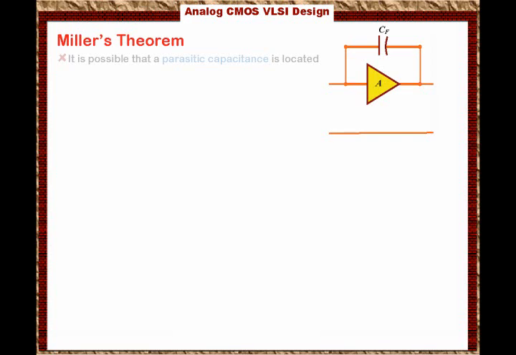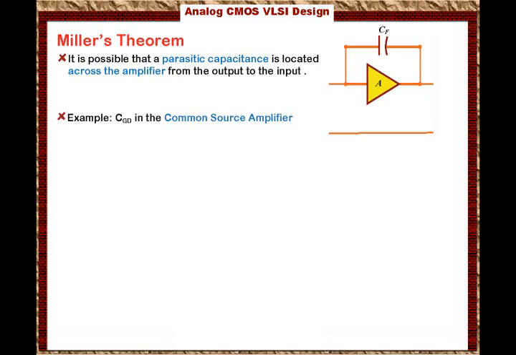It is possible that the parasitic capacitance is located across the amplifier from the output to the input. This particular scenario occurs frequently inside the amplifiers.